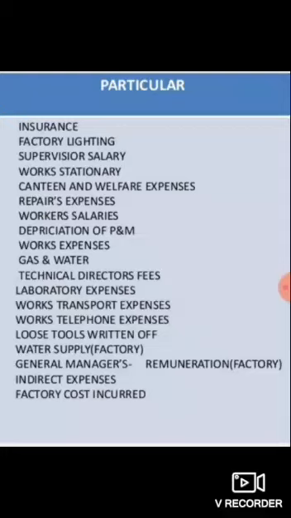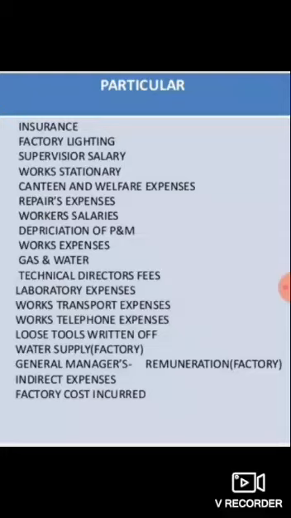And repair expenses of buildings, of machineries, of anything, if there are any repair expenses, those are also added. And worker salaries, and depreciation of plant and machinery: if there is any depreciation on plant and machinery, that should be added under overheads.